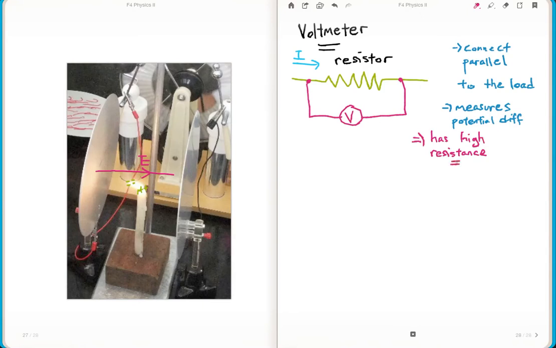Really high resistance, so that the current won't flow into here. So current only flows through the load, but not through the voltmeter. You may try to imagine current is like water flowing.